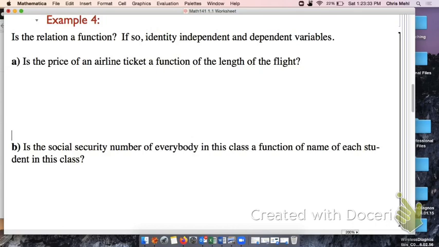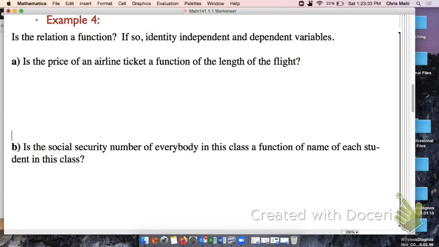Okay, so example 4. We just saw, if a relation is represented by a table, how to determine whether it was or is not a function. In example 4, I want to know if each relation is a function, but this time the relation is given verbally. So there's a verbal prescription for how to relate or pair elements together, as opposed to just listing them in a table.